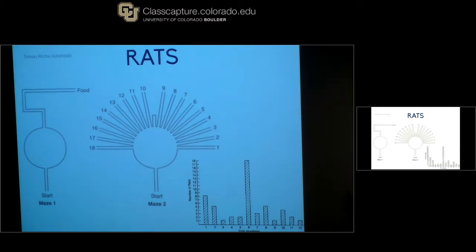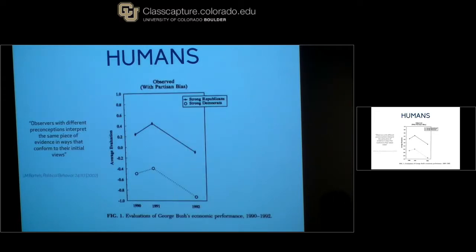Okay, and just as you all know, biases are there for all organisms, higher organisms. This is a bias that I like to show. It's from this paper, and it says observers with different preconceptions interpret the same piece of evidence in ways that conform to their initial views.